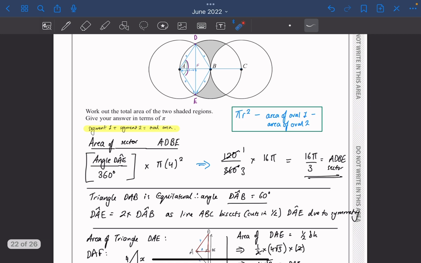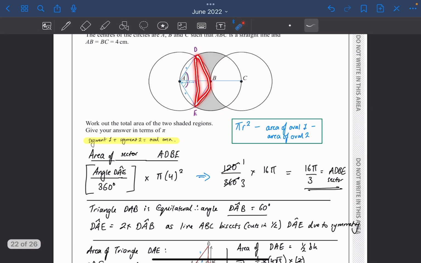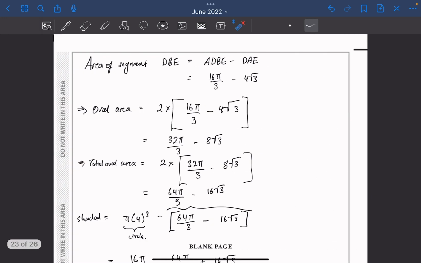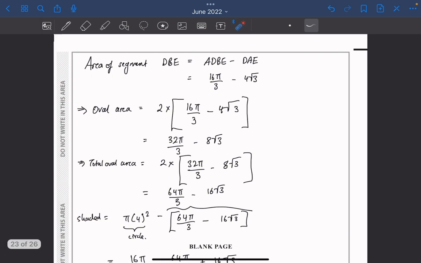So we took away this area from that triangle, this from this, to get the area of this segment, sorry. That's the area of the segment. Now the oval was just 2 times that, because it's that plus that, and they're both the same thing. Same size, same shape. So it's 2 times that is the area of the oval.